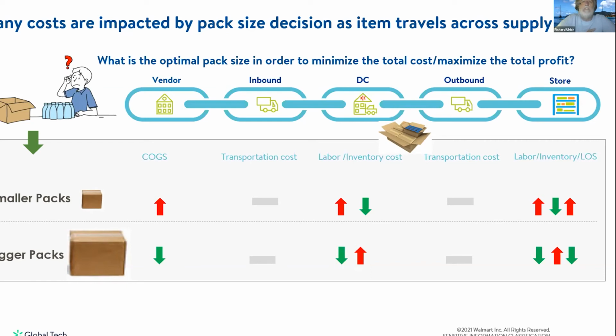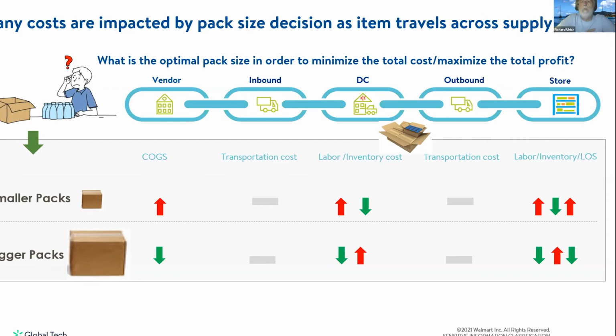This is as simple as the size of boxes we ask our suppliers to send us. If we have a larger box, do we have more touches? Do we have more inventory? We are trying to understand the trade-offs between touches, how often we have to handle that merchandise as it goes through the supply chain, so it costs labor, versus having excess inventory across our stores.